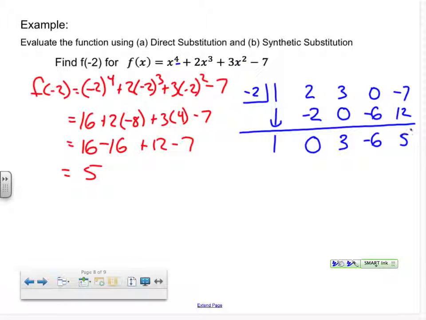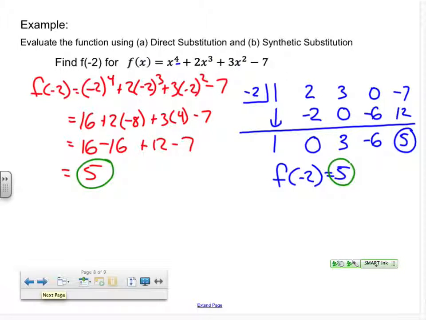Add. And I'm at the end. F of negative 2 equals 5. All right? Same answer. Different method. We substituted synthetically, so we substituted without actually substituting. Synthetic motor oil is motor oil that's not actually motor oil.